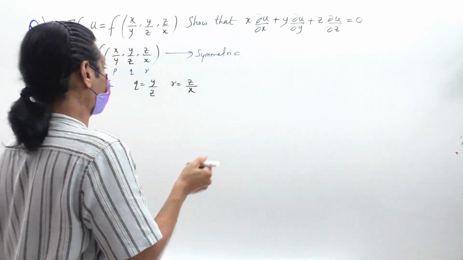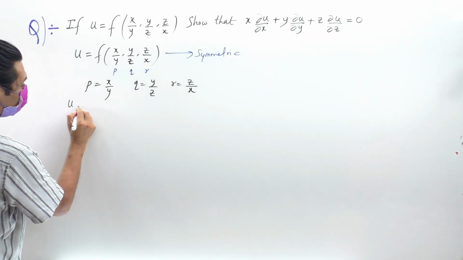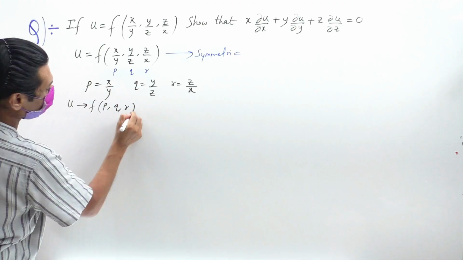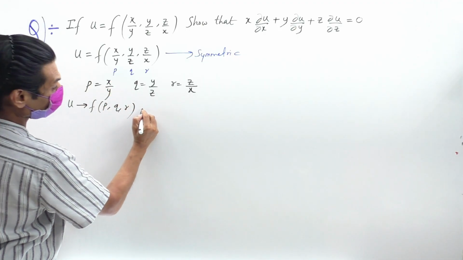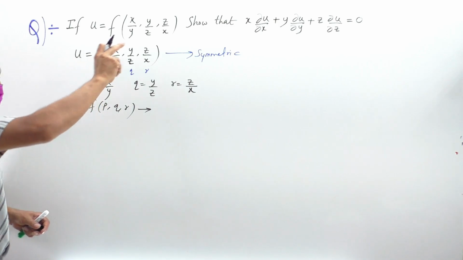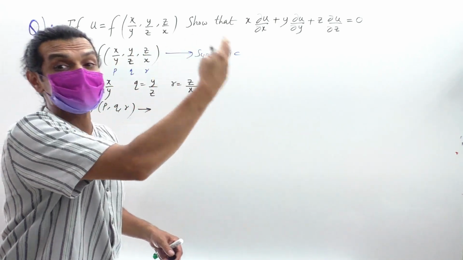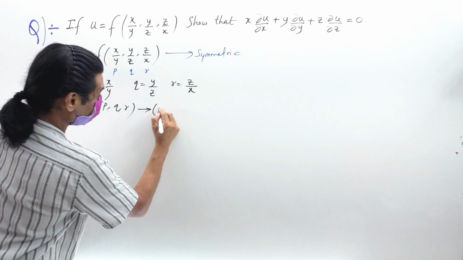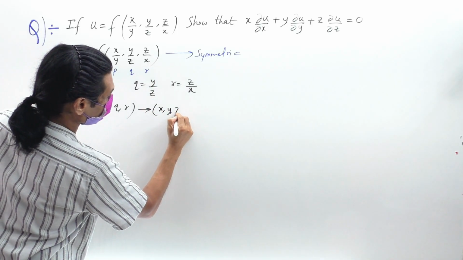So we took P, Q, R. Now this becomes a composite function. How? Now u is a function of what? P, Q and R. P, Q, R are the functions of x, y, z.